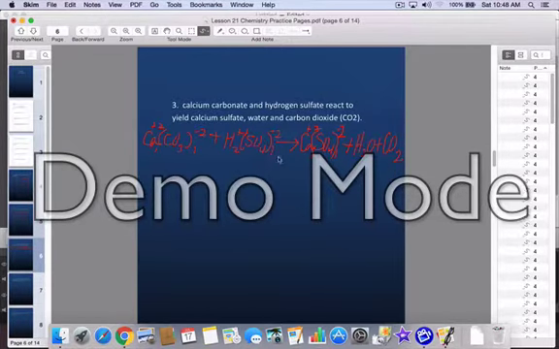Okay, so to balance this, we're going to draw the line. We're going to list the elements as they appear here on the reactant side. So we have some calciums, we have carbons, we have oxygens, we have hydrogens. Now here's a helpful thing for you here.